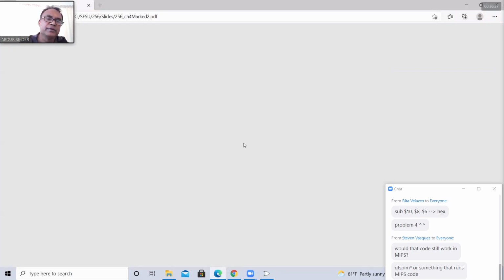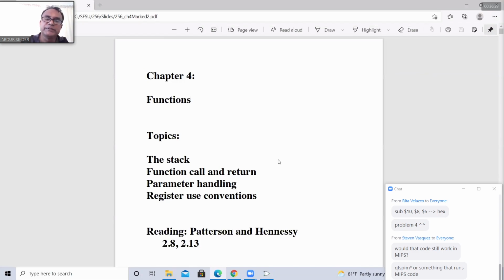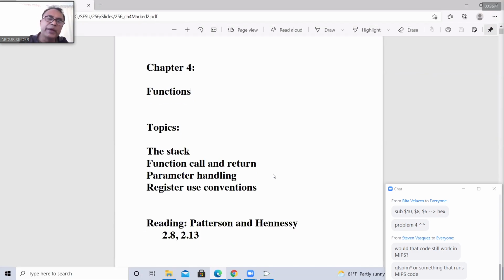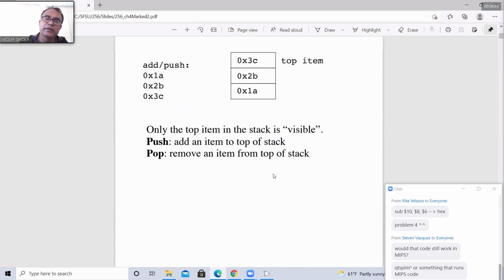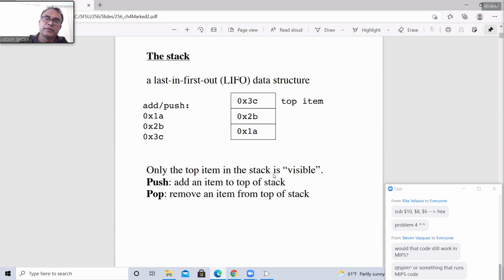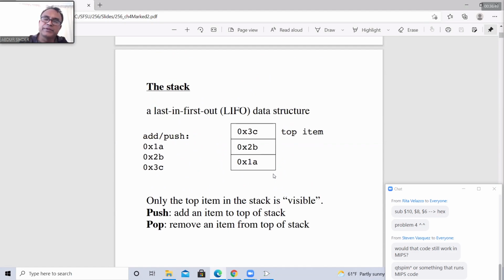But for functions and the stack pointer, you may have a question, or maybe a short question or something like that. The stack uses a last in, first out data structure, because if you want to add an item, you have to add it from the top.